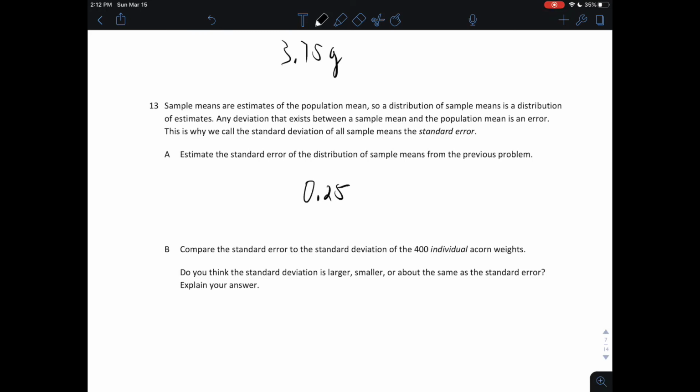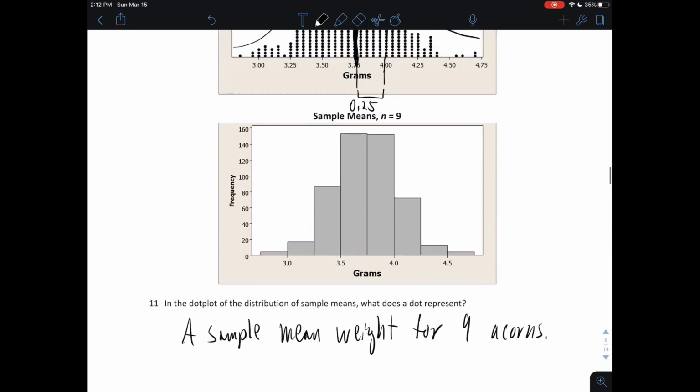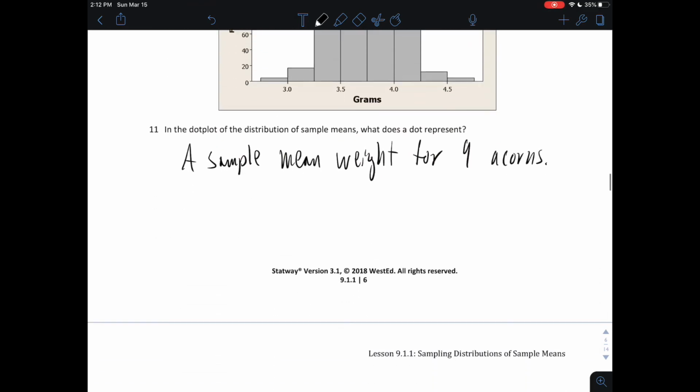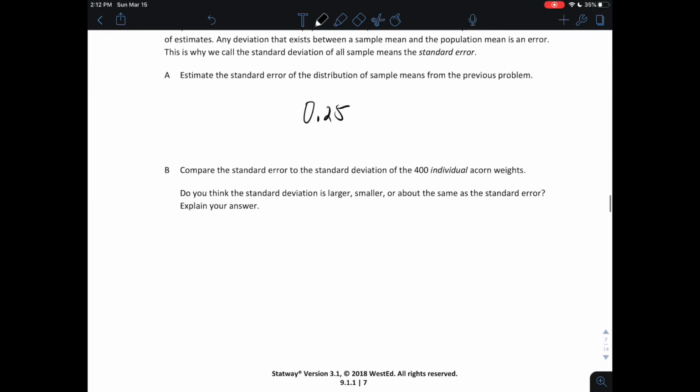Part B, compare the standard error to the standard deviation of the 400 individual acorn weights. Do you think the standard deviation is larger, smaller, or about the same as the standard error? Explain your answer. So when we think about this, up in this dot plot, we're looking at 500 samples of 9 acorns each. Whereas what they're asking about is the standard deviation of just 400 individual acorn weights.